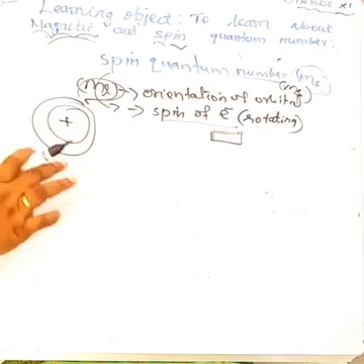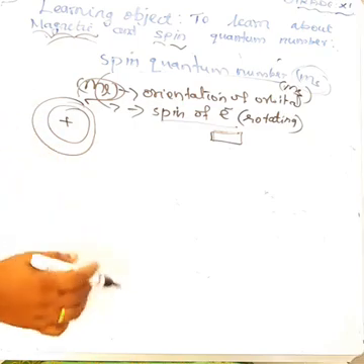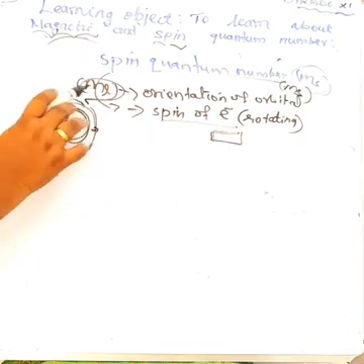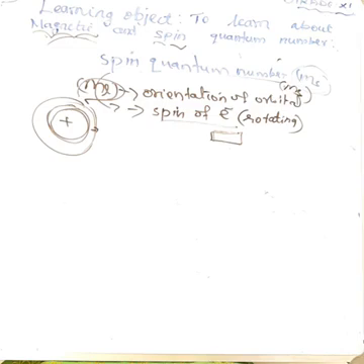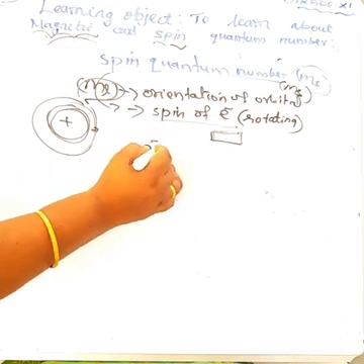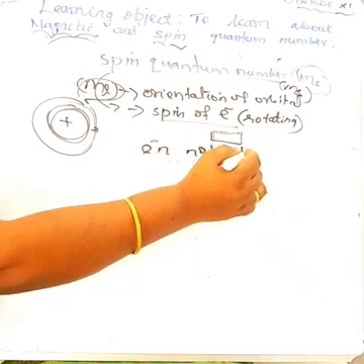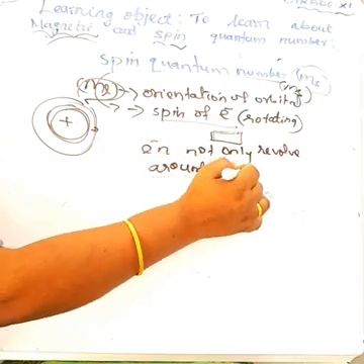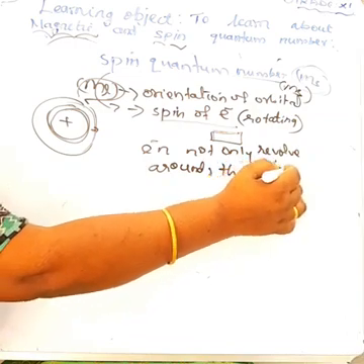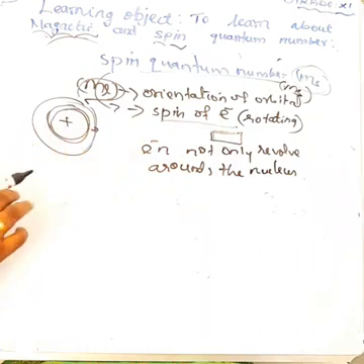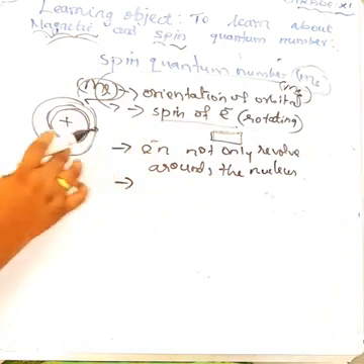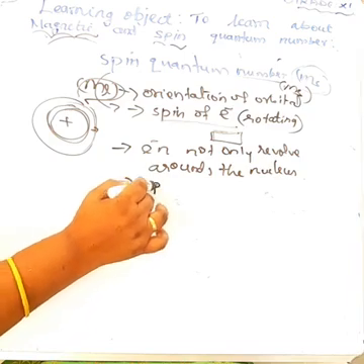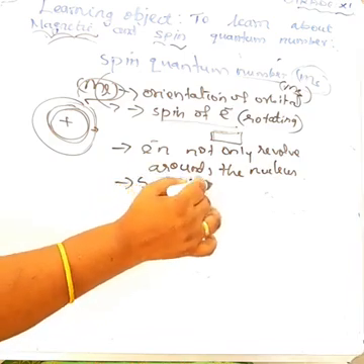But here, the electrons in an atom revolve not only around the nucleus, but also spin about their own axis.